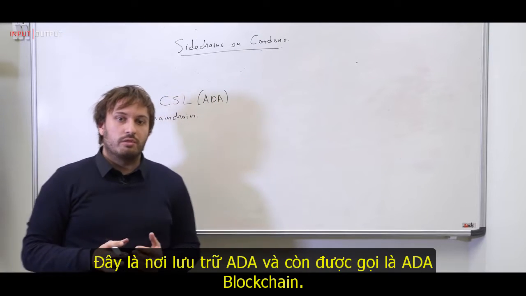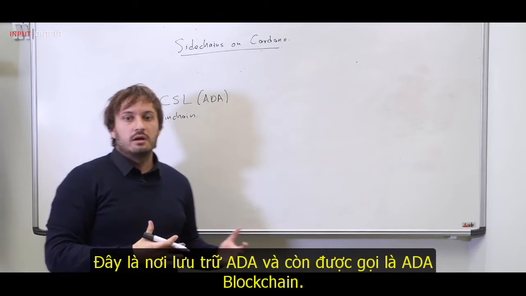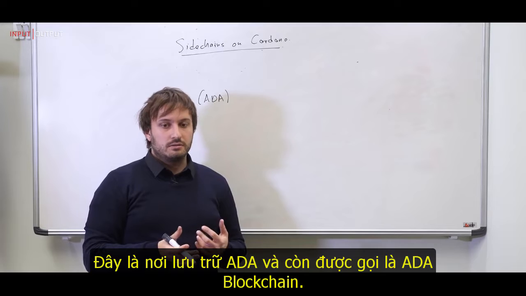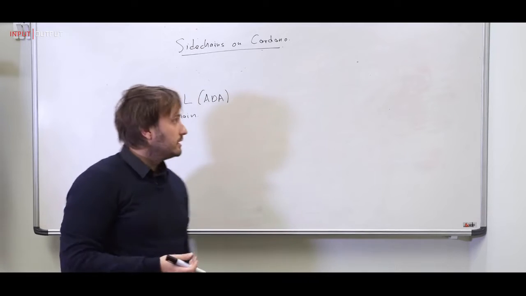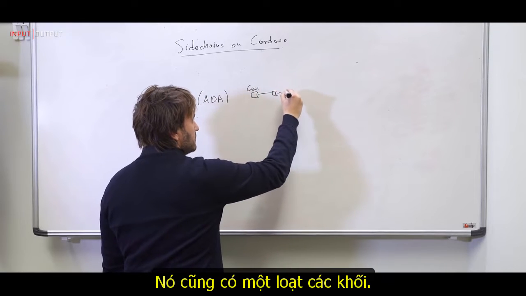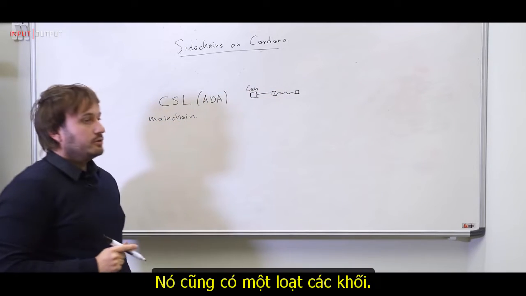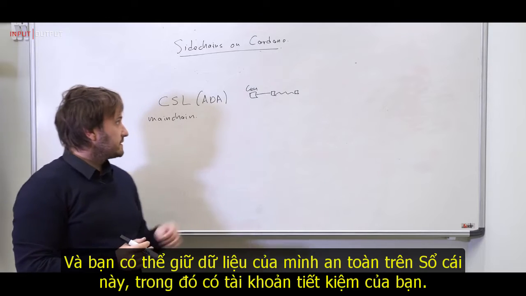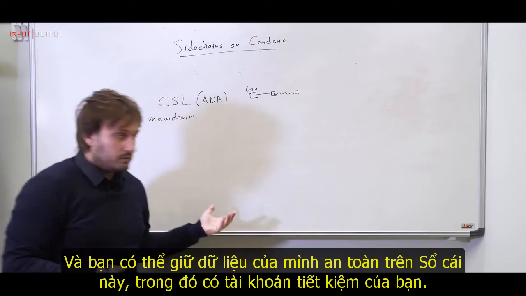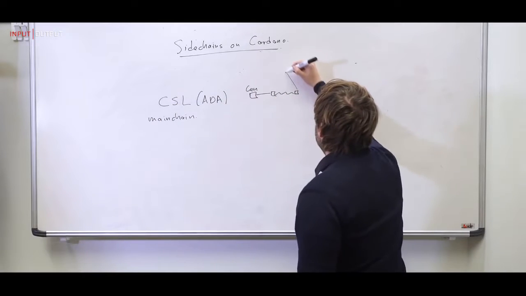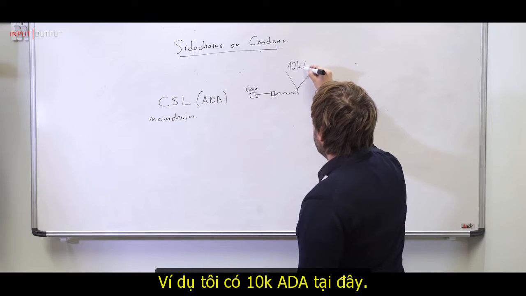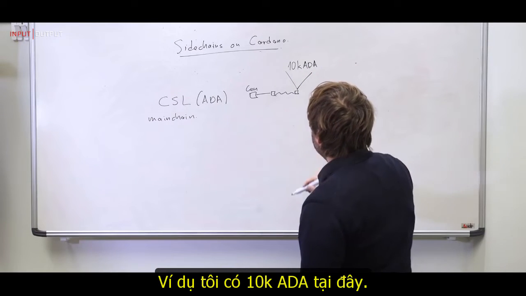This is what we call the home blockchain of ADA, the blockchain where ADA is created and where it's normally maintained. It also has a series of blocks, and you can keep your ADA safe on this ledger in which you will have your savings accounts. So I could have 10 kilo ADA right here.